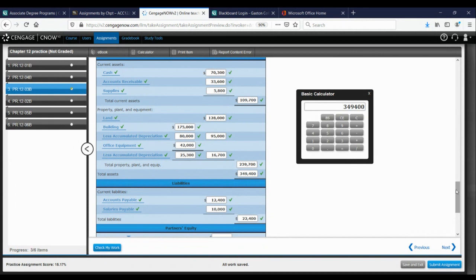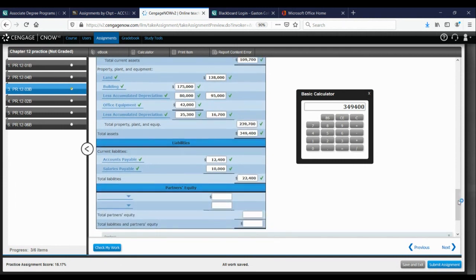On the balance sheet, instead of having owner's equity that you're used to seeing, because this is for a partnership form of business, we're going to call the equity partnership equity or partner's equity. Because we had more than one owner, we're going to list each owner's capital amount, starting with Ramirez Capital.